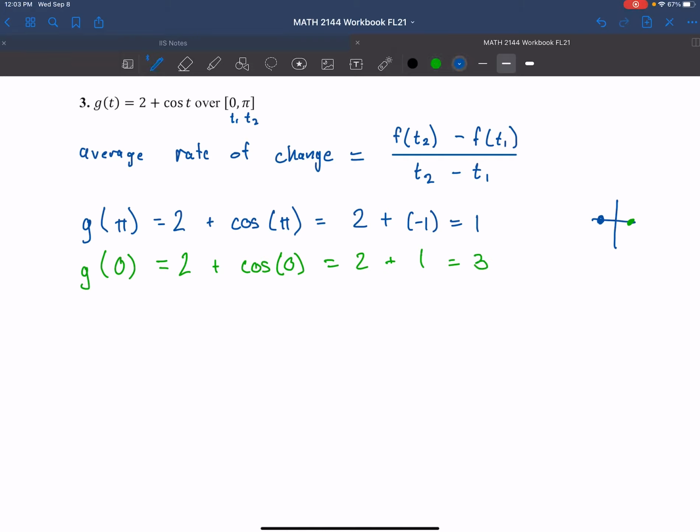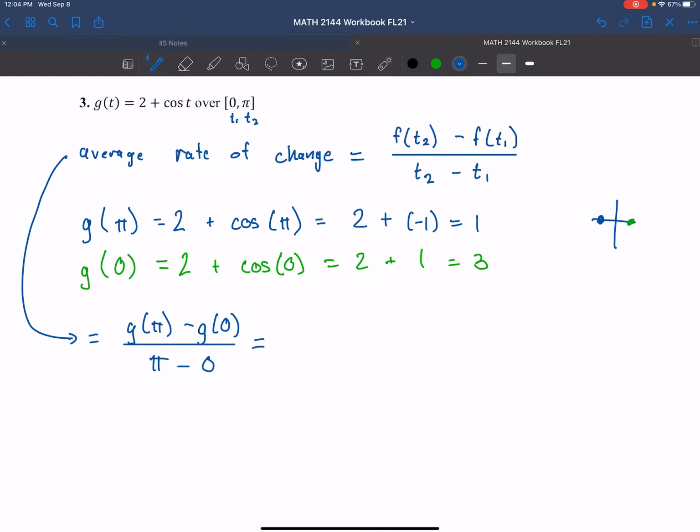Again, if you're not a fan of doing all the computations inline, you can always do those separately. Then to figure out the average rate of change, we'll just plug into that formula we described. I'll write it like this: g of pi minus g of 0, divided by pi minus 0.